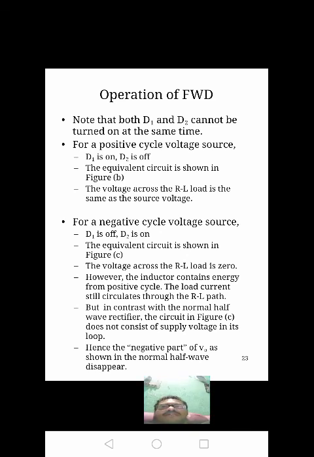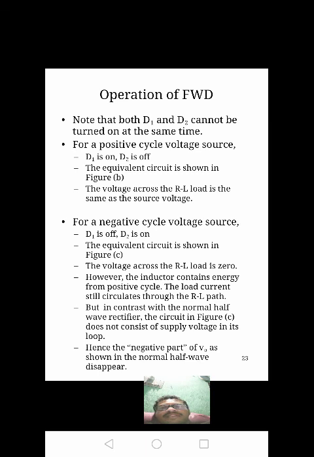Operation of the freewheeling diode. Note that both D1 and D2 cannot be turned on at the same time. For a positive cycle of the voltage source, D1 is on, D2 is off. The equivalent circuit is as shown in the figure.